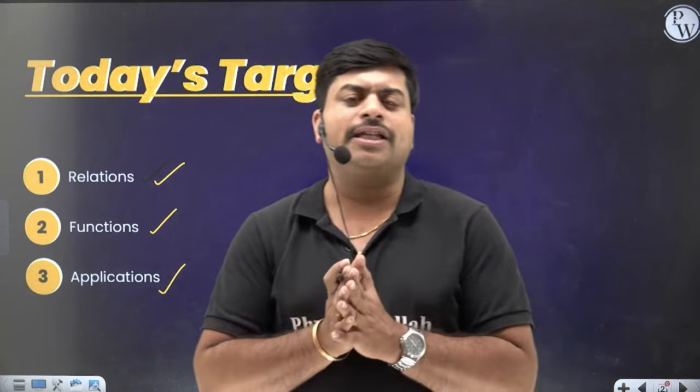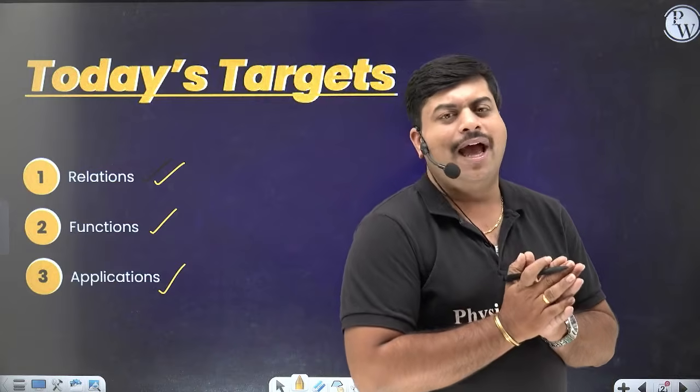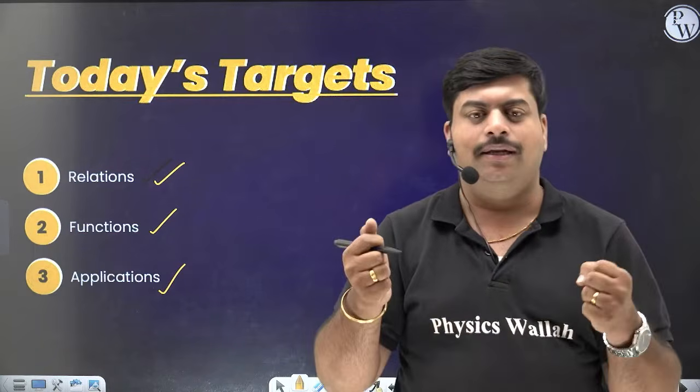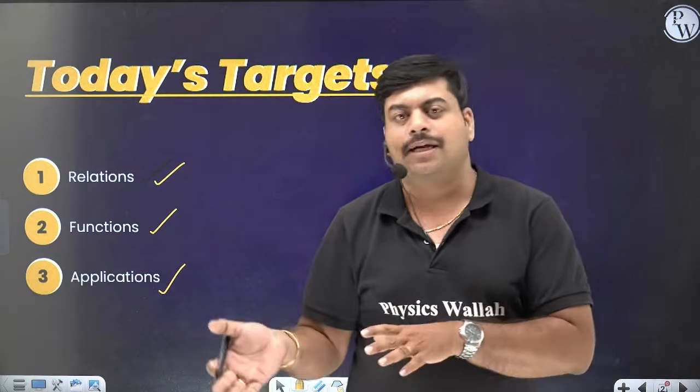And coming to the weightage, people, as you know we don't have any defined rule that this particular 2 marks or 4 marks or 6 marks questions will come from this chapter.